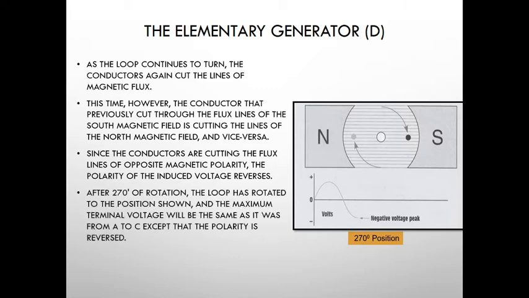After 270 degrees of rotation, the loop was rotated to the position shown in the figure. The maximum terminal voltage will be the same as it was from A to C, except that the polarity is reversed. It has the same maximum value; the only difference is the polarity, which is negative.